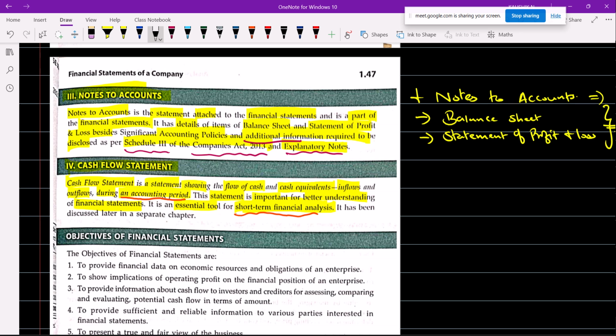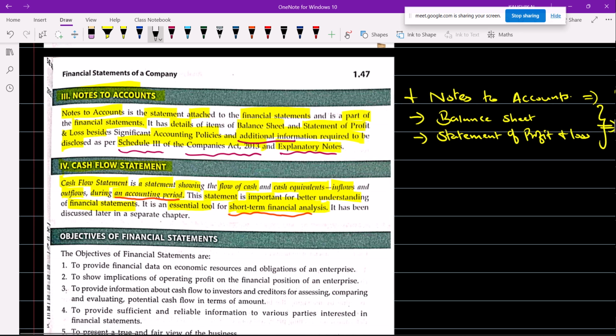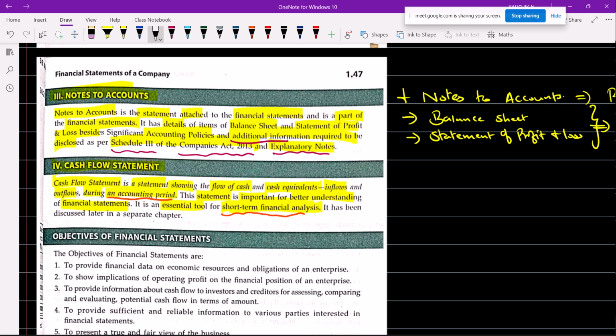Before reading the chapter itself, let us try to have at least 25 to 30 percent of the chapter knowledge. Let's see what a cash flow statement is all about, how many activities there are, and what is essential in a cash flow statement. Shall we just discuss something about the cash flow statement?